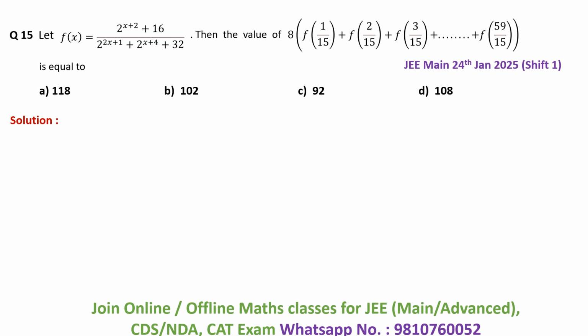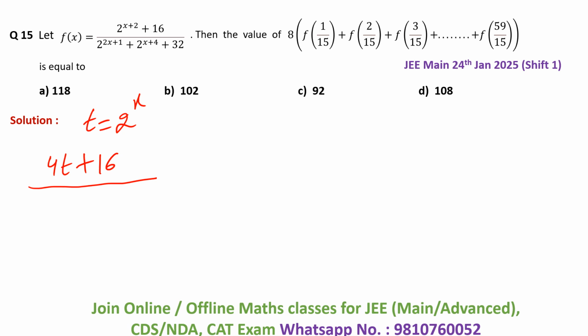Now students, in order to simplify this f(x), what I do, I put t equal to 2 power x. So now the expression for f(x) becomes equal to 4t plus 16. Why 4t? Because I have split 2 power x plus 2 as 2 power x into 2 power 2.